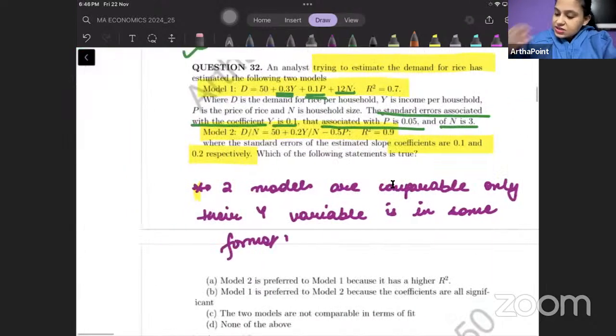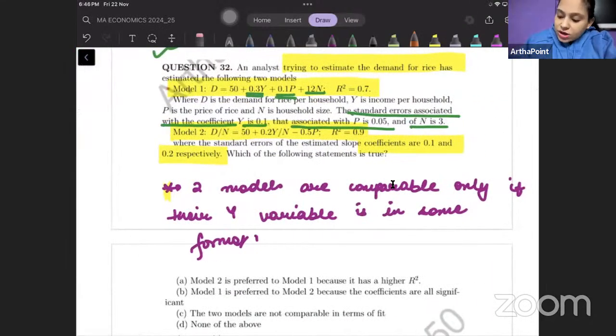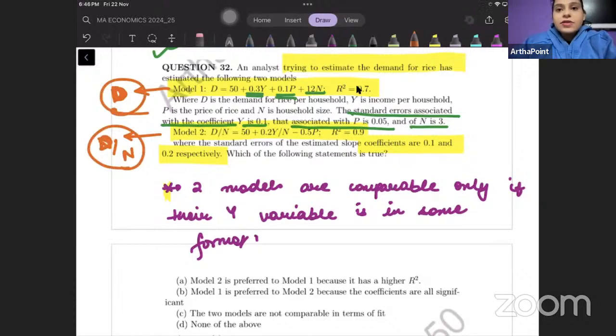So in this case, if you notice, in model 1 it is D here, and in model 2 this is D by N here. So my dependent variable is not in the same format, right? It is different. So since my dependent variable is different, I cannot compare the two models, right?